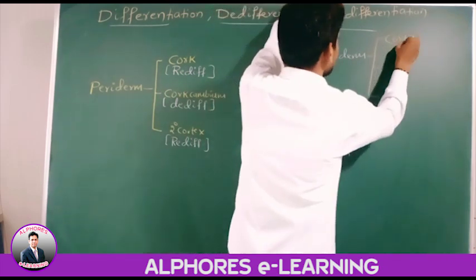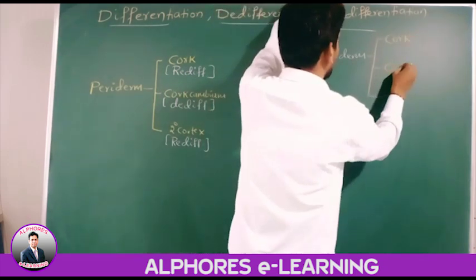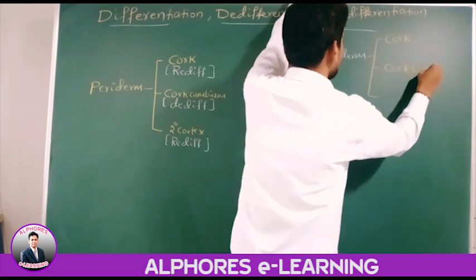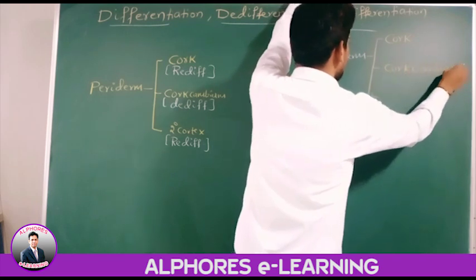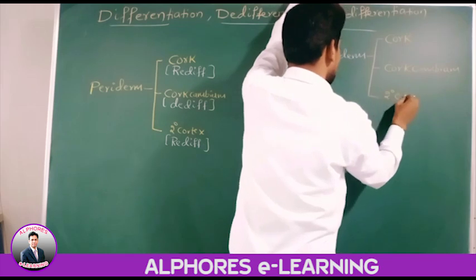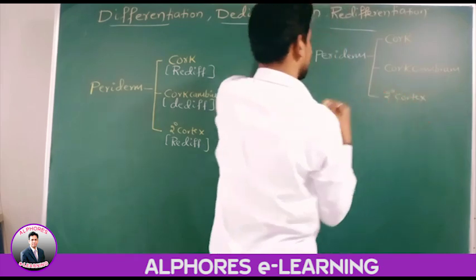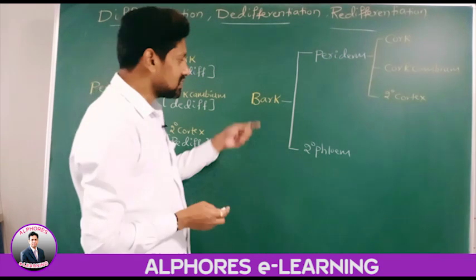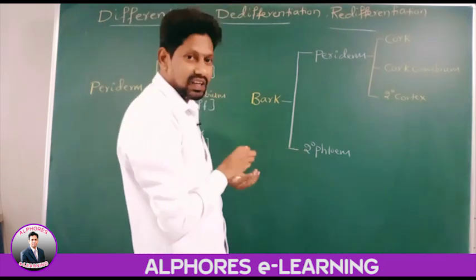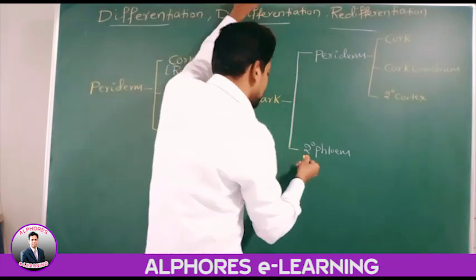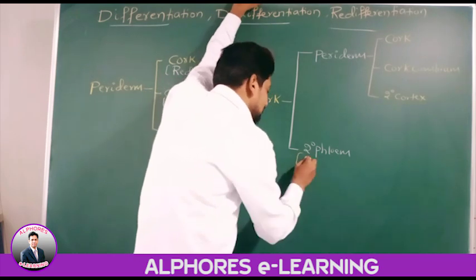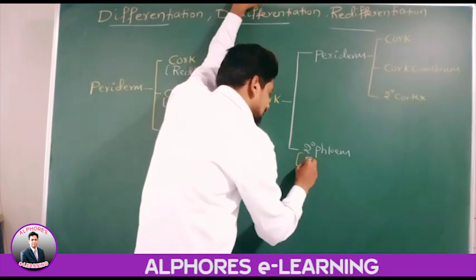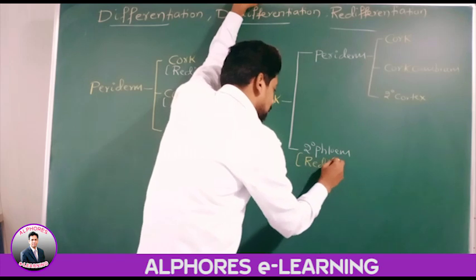What does it include? Cork, cork cambium, and secondary cortex. Secondary phloem is formed by which process? Redifferentiation process.